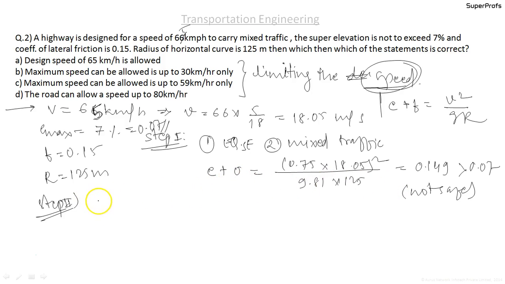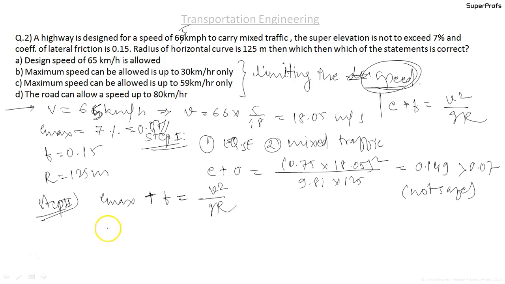So step 2 is, here we consider the maximum super elevation, and we check whether the friction is sufficient or not. So we will be checking for the friction. So Emax plus F equal to, the full design speed is considered, V square upon GR.